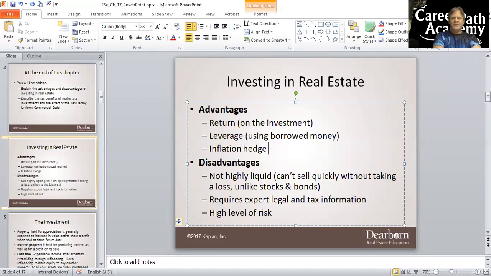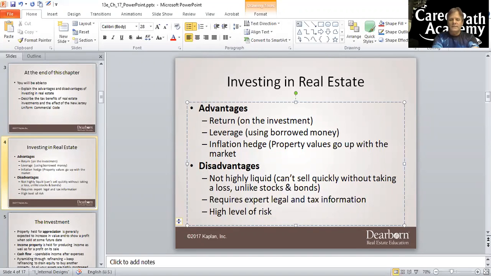So as property values inflate, as property values go up, okay. So as long as you're holding on to the property long enough, generally real estate is a good investment.